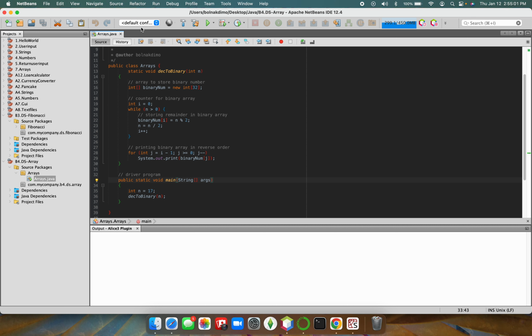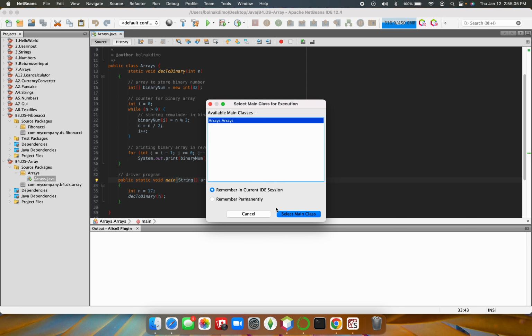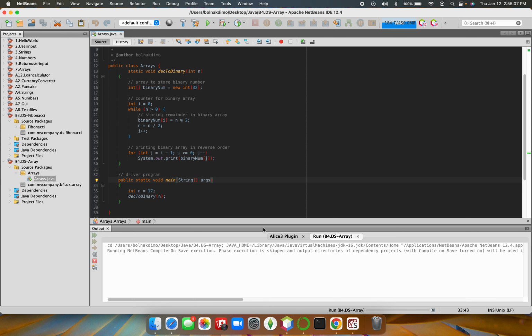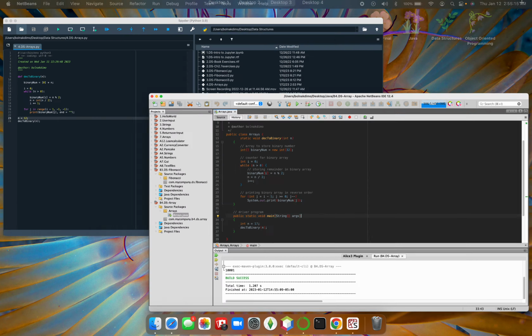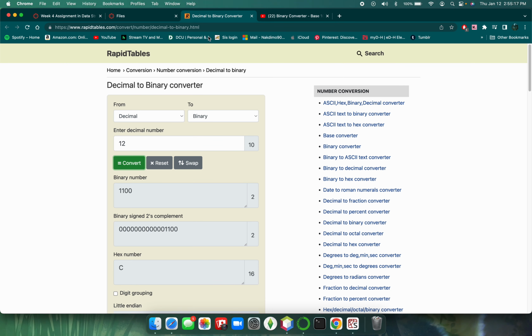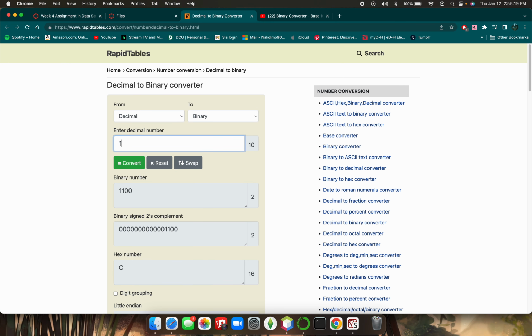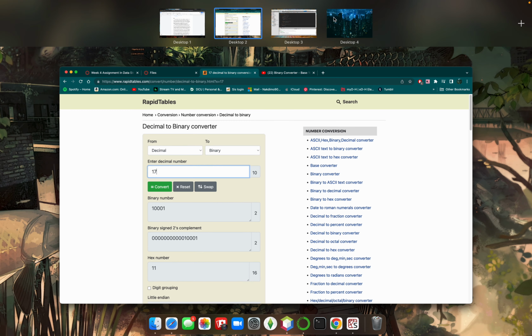So we can run this program. We have 17 as the value. Select main class. And we have 10001, and we can check on the converter and do 17. Same thing. So we know that both of them work.